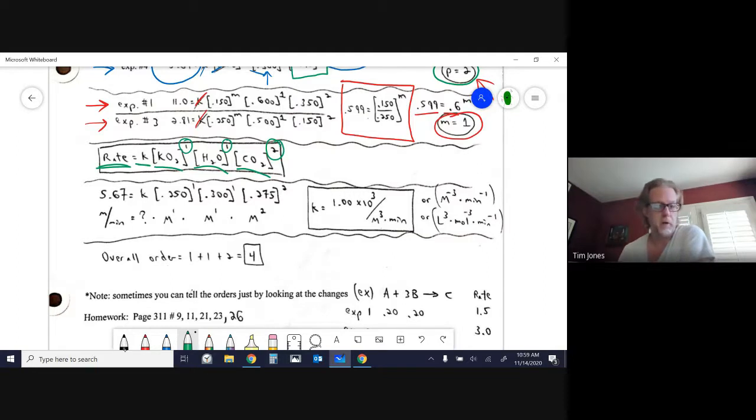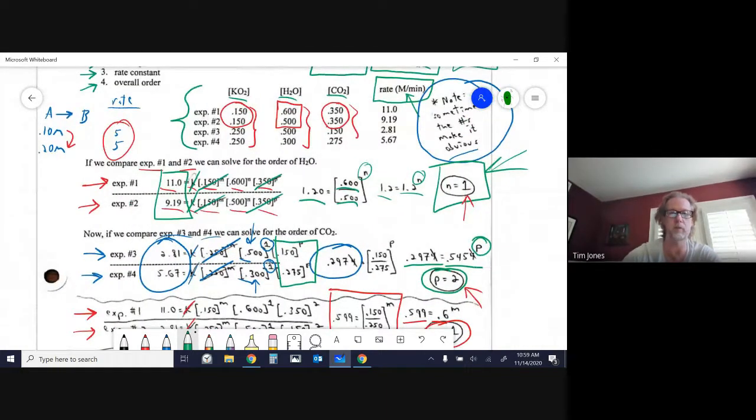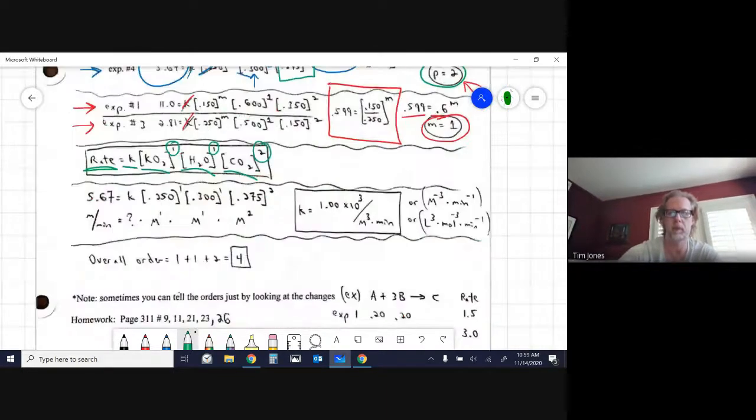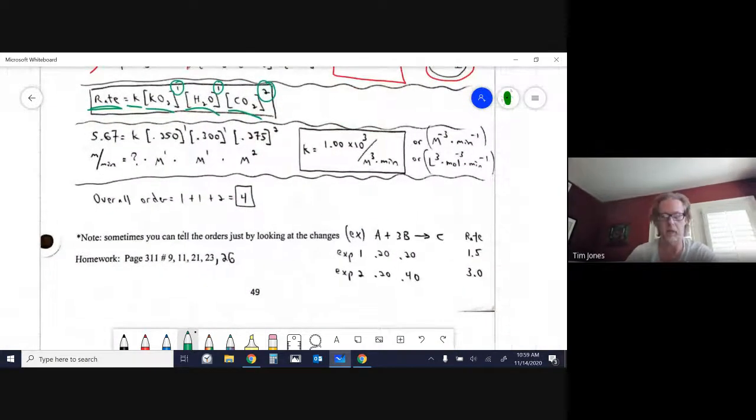Now that I know those, what you can do is you can take any one of the experiments, plug the numbers in, and solve for K. So which one did I use? 5.67. So I used experiment 4. You can choose any of the 4 experiments. It doesn't matter, but I just randomly picked number 4.